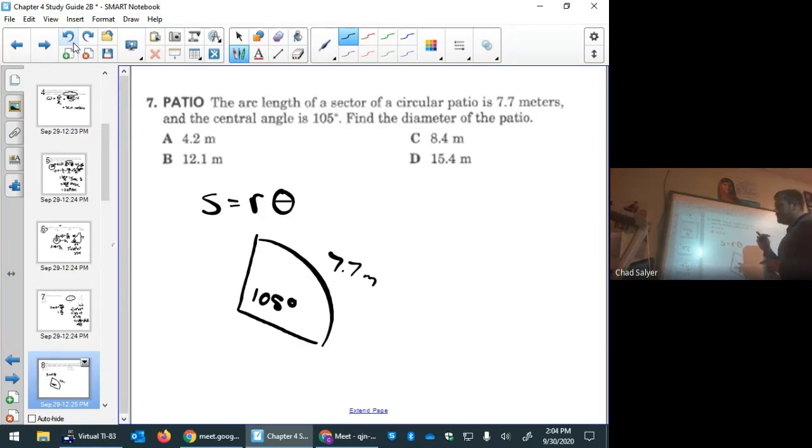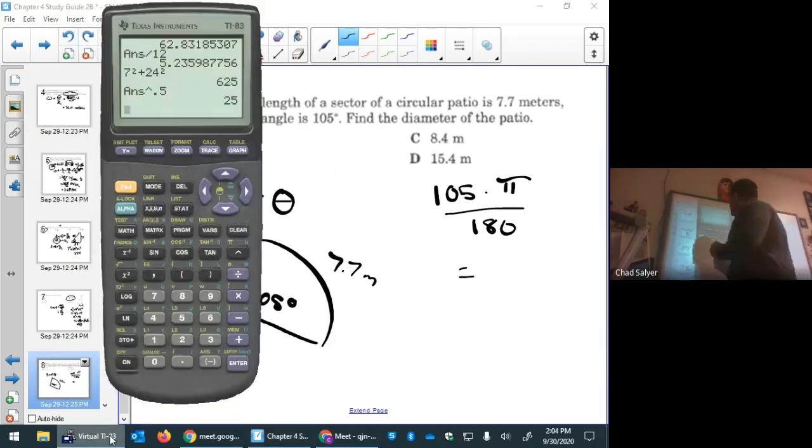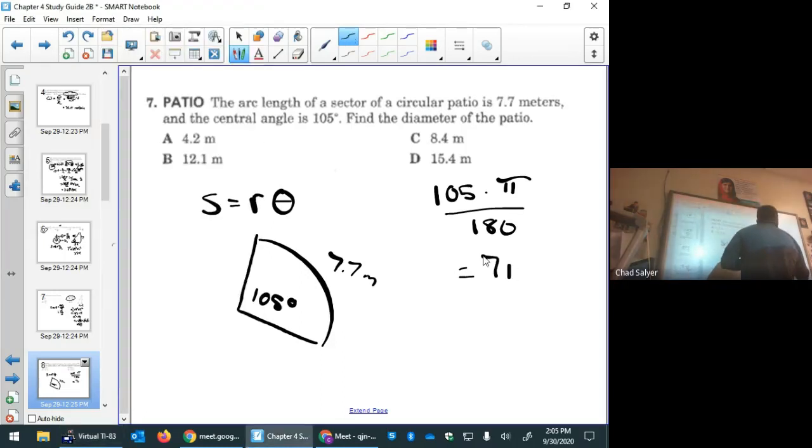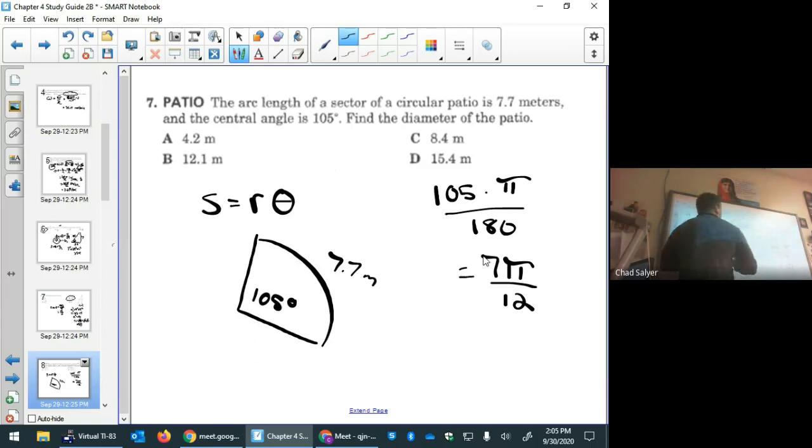The input must be in radians. So that's 105 times pi over 180. And if we reduce that, 7 pi over 12. So that's what we're going to plug in here. So S is 7.7.